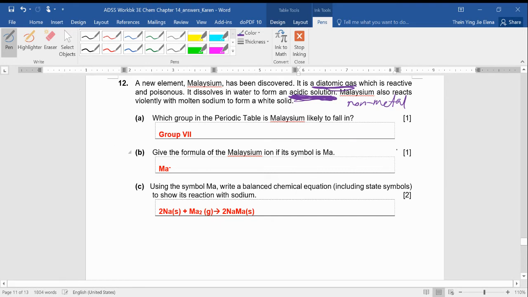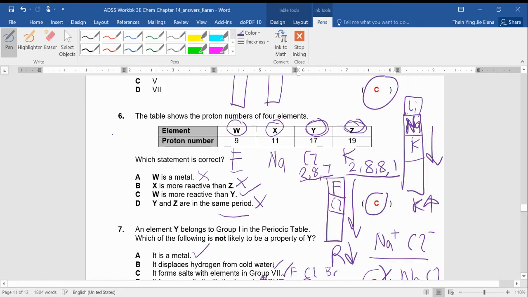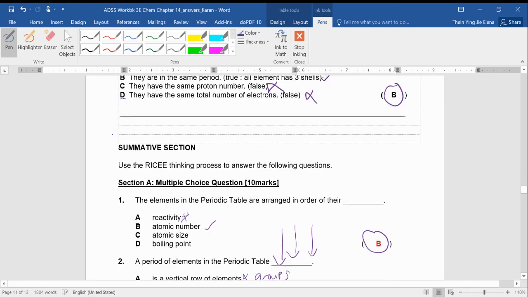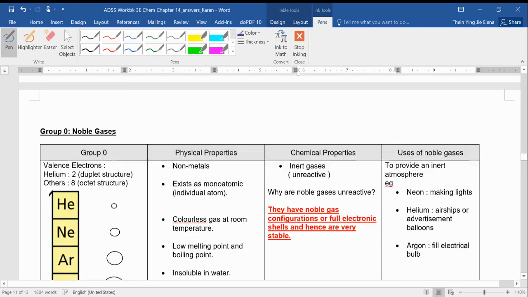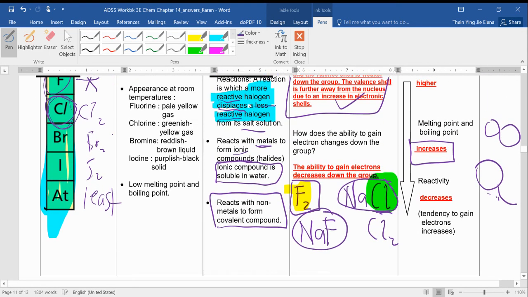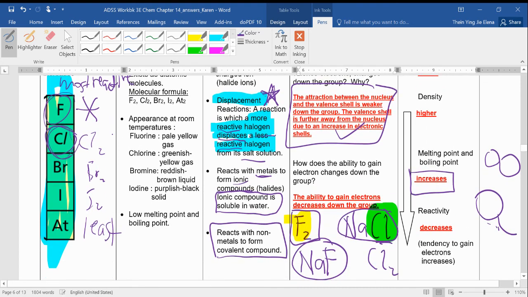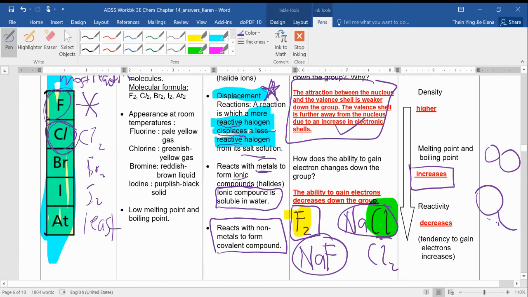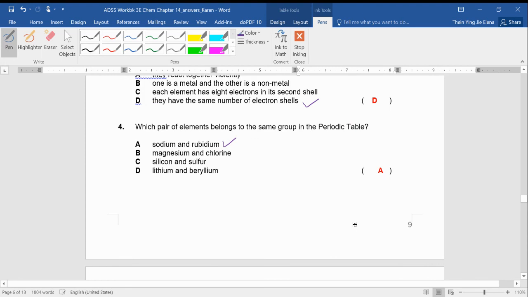Okay, so if we just recall what we learned about group 7, group 7, it can react with metals. Okay, so it's able to react with metals to form ionic compounds.